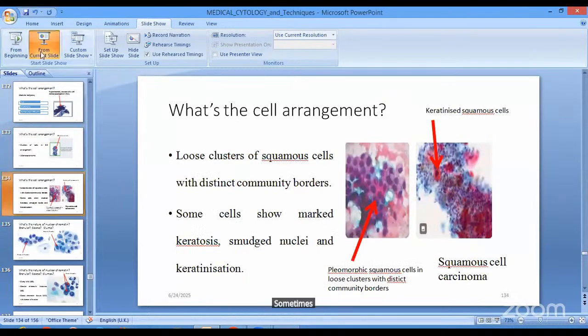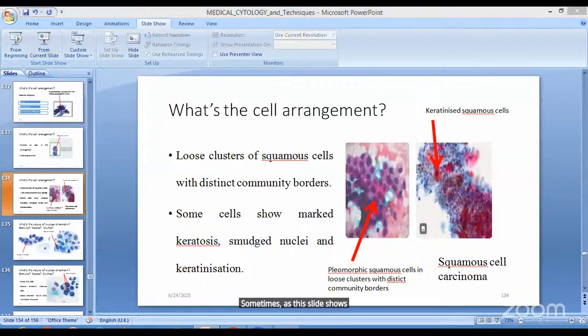Sometimes, as this slide shows, the neighborliness is loose, clusters of cells, as is shown here. Squamous cells are together, but not strongly together. They are loose with distinct community borders. You can actually, an ant can walk through those spaces.